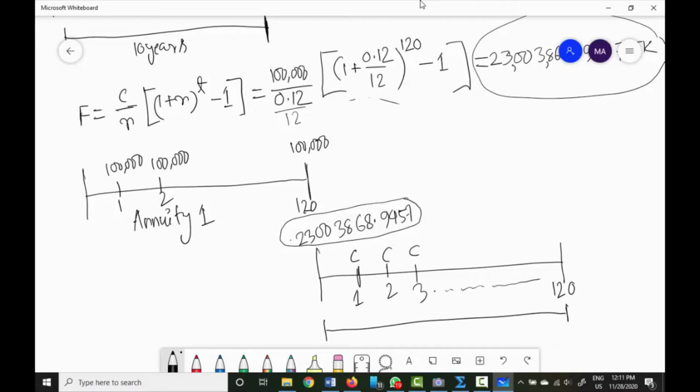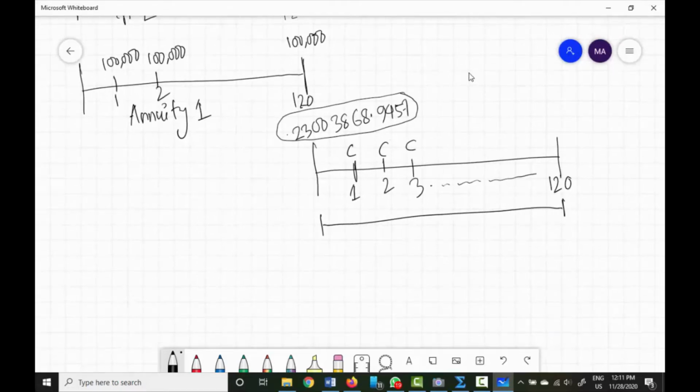So the following 10 years means 120 payments, right? So this is annuity 2.